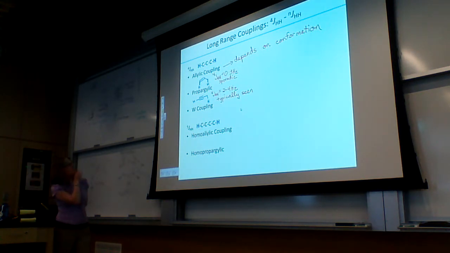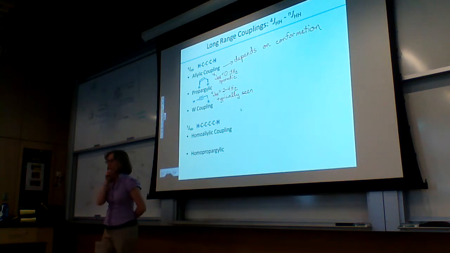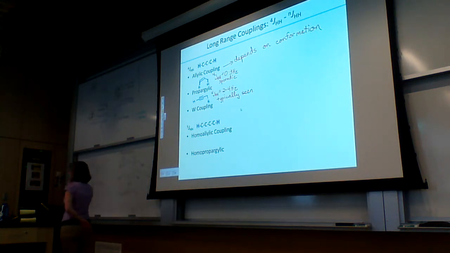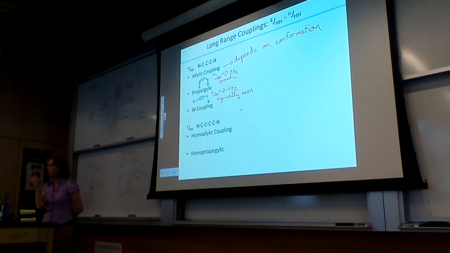The last one of the J4 coupling is called a W coupling. This is an interesting one that usually only occurs when you have cyclic structures that are very rigid.